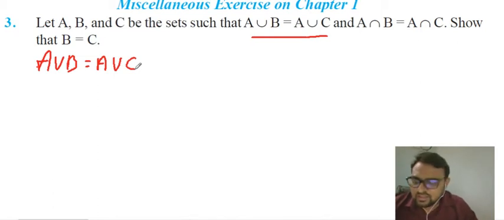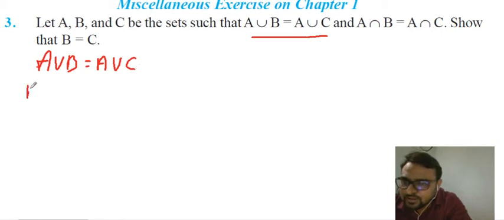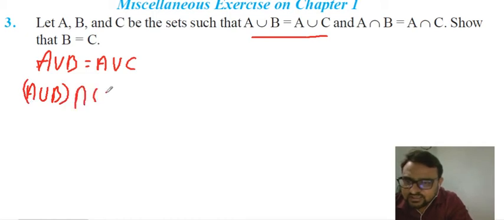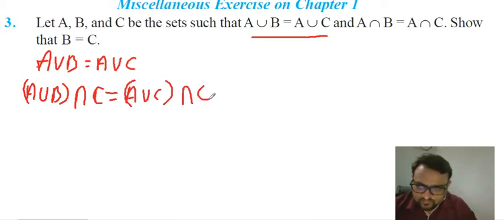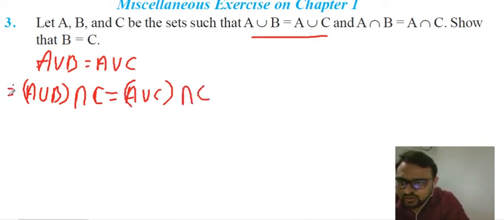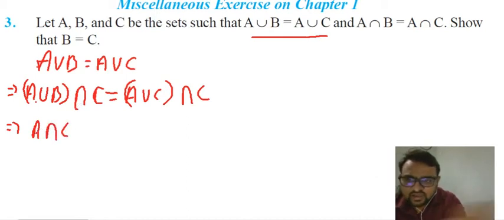Okay, now let's take intersection with C. So what does this imply? (A union B) intersection C will be equal to (A union C) intersection C. Okay, so now when we solve it further, what will I get?